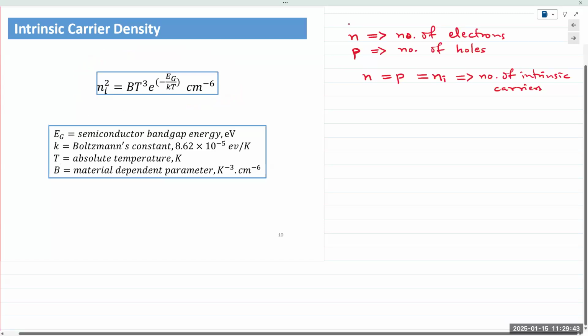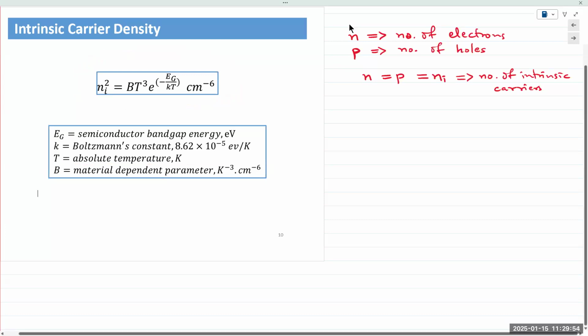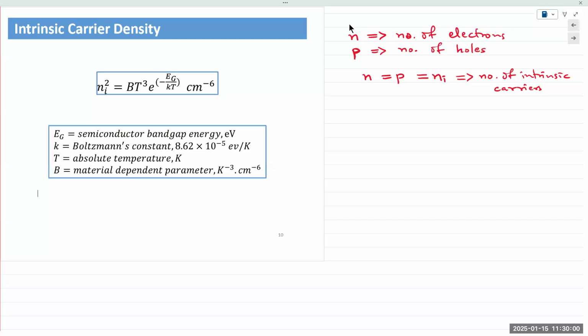B is a material dependent parameter. It's a constant that is known to us, and it actually represents the effects of temperature on the lattice structure. Okay, so that material dependent parameter is different for different materials.